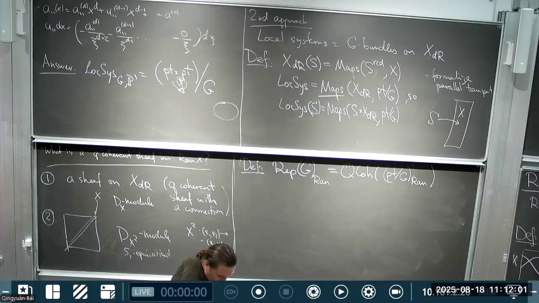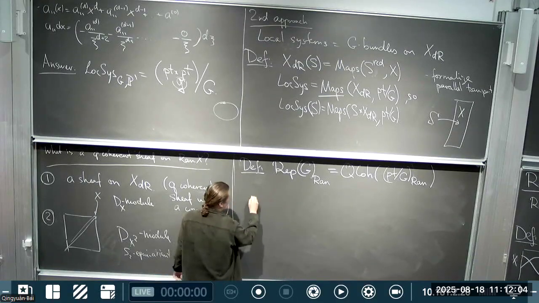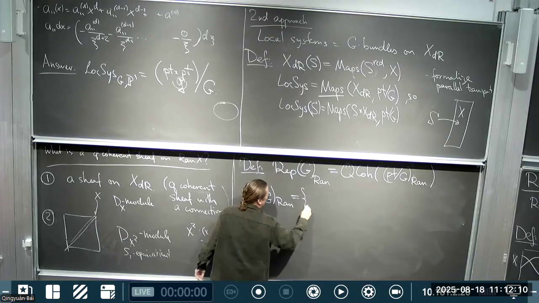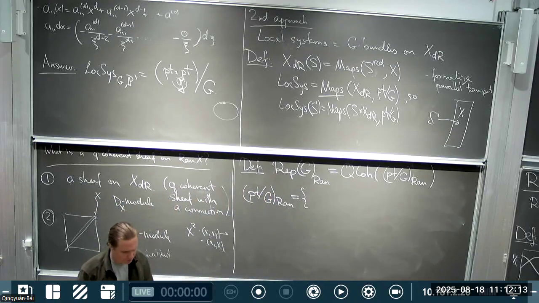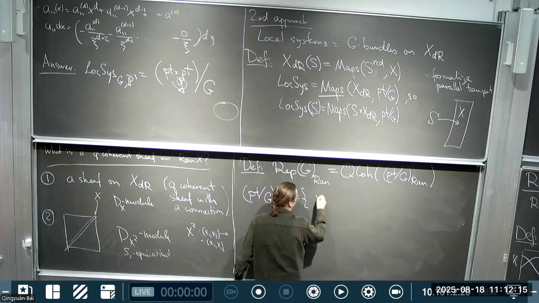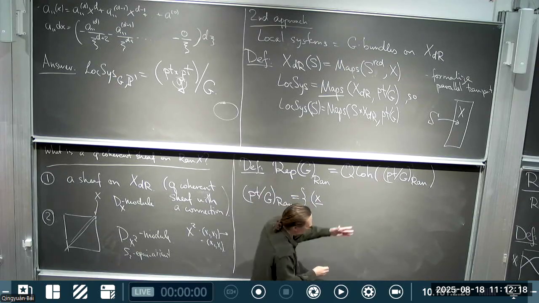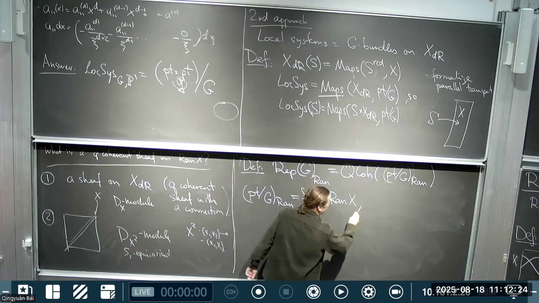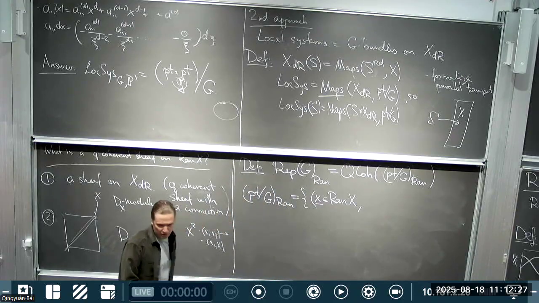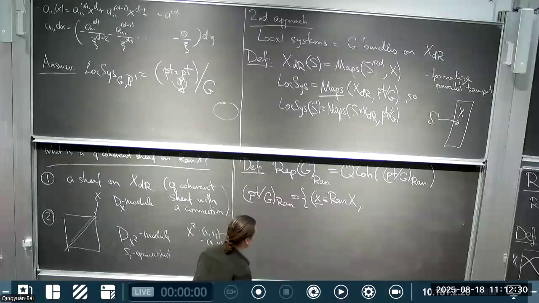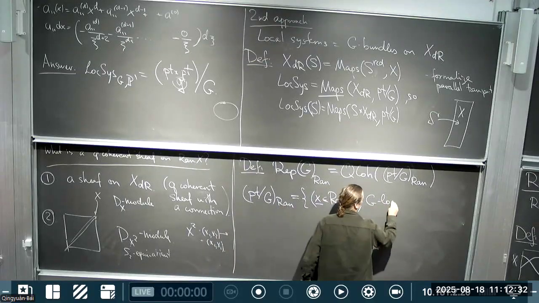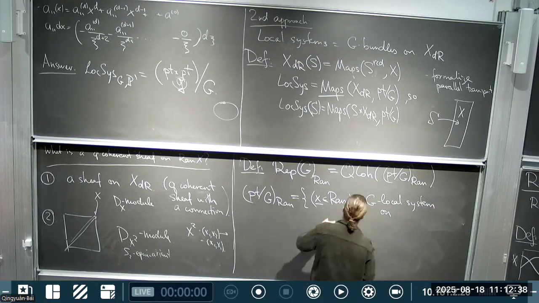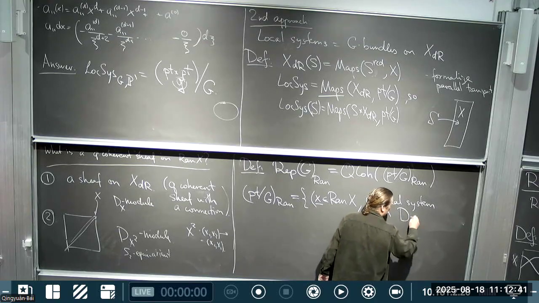So let me write this informally. So this parameterizes the following objects. First, I have a finite non-empty subset of X, and then I have a G local system on its formal neighborhood.